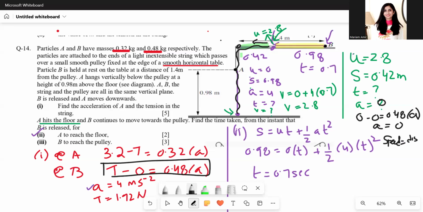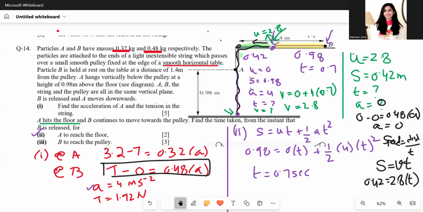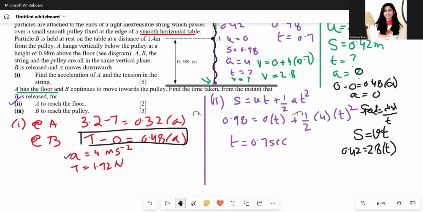Speed equals distance over time, or this is also written as s equals vt, where s is the distance. So distance is 0.42, v is 2.8, the constant speed, and t is the time. This gets us t equals 0.15.